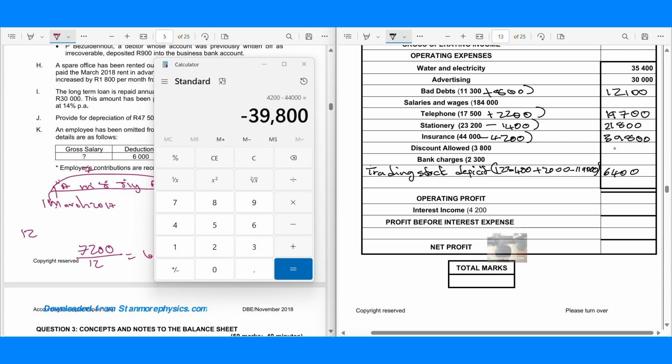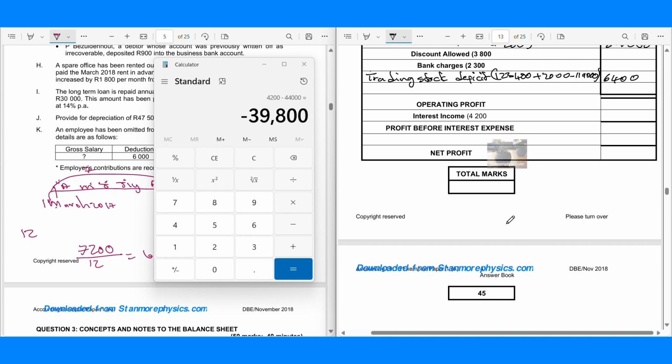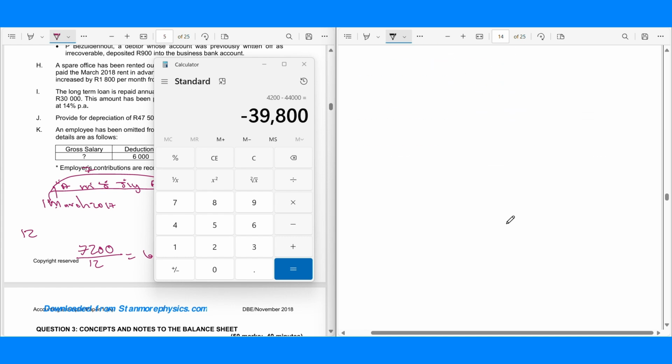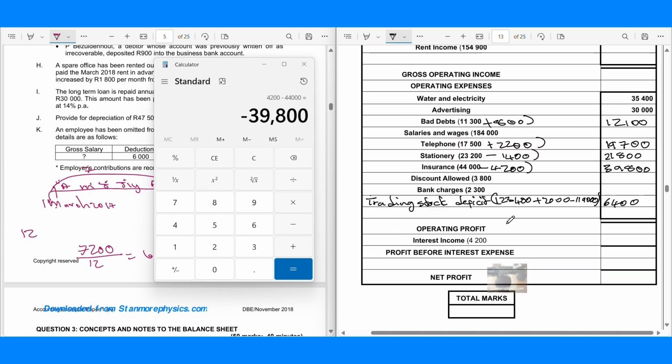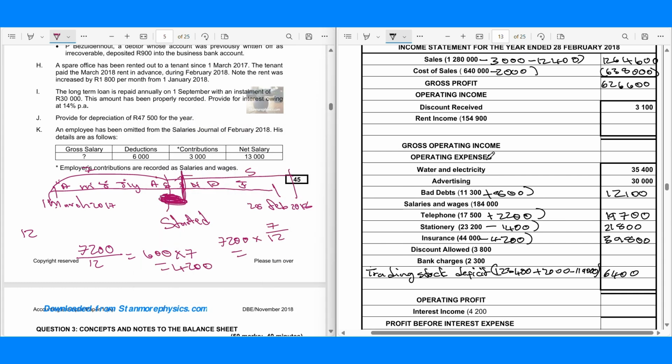So this is prepaid expense, the 4,200. We should record it under your debtors, under your trade and other receivables. So now I hope you are writing notes, because that's your homework: to go and redo question 3.